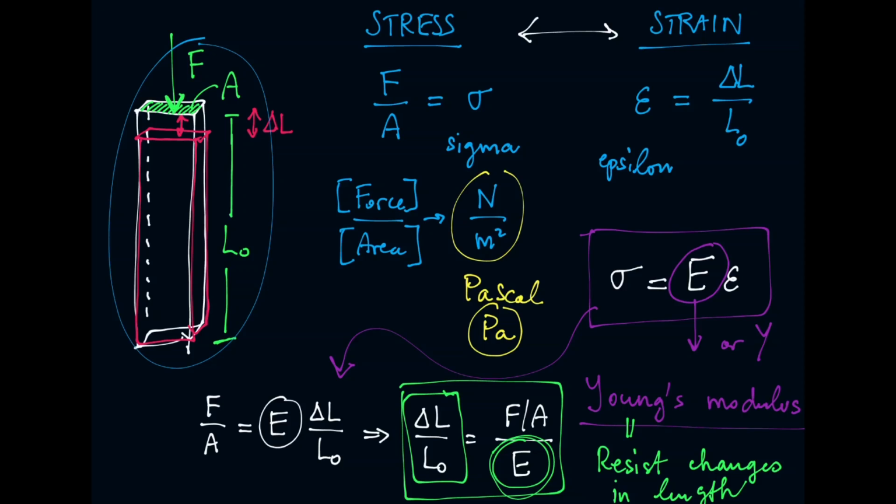So a stiff material would have a large Young's modulus because it takes a lot of stress, rather than force, to achieve a certain percentage change in the length. The other way around, a soft or malleable material would be one where Young's modulus is relatively low. So it doesn't require a huge stress to achieve a certain strain.